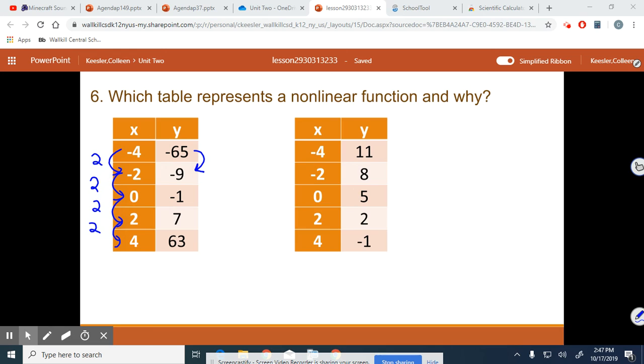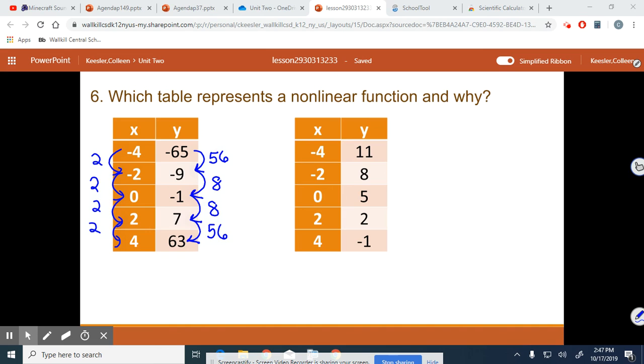If we think about 65 minus 9, that would be 56. So it's going up 56. Then -9 to -1 is going up 8. -1 to 7 is also going up 8. 7 to 63 is like 63 minus 7, so that's 56, going up 56 again.